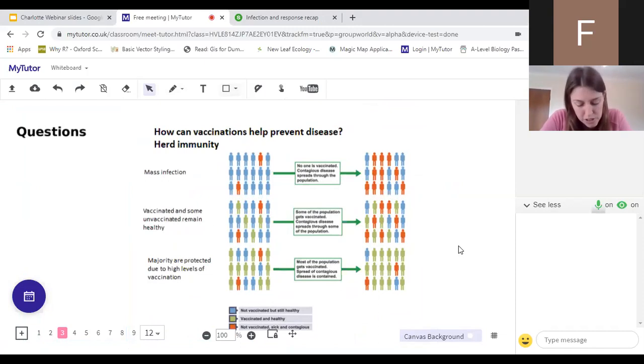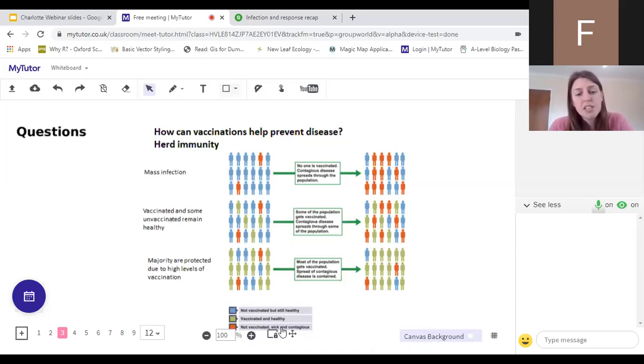So the two things that exam questions tend to focus on are what is a vaccine, the weakened form of the disease that we inject into our bodies to stimulate our immune system. And the way that that works in a population is by causing herd immunity.